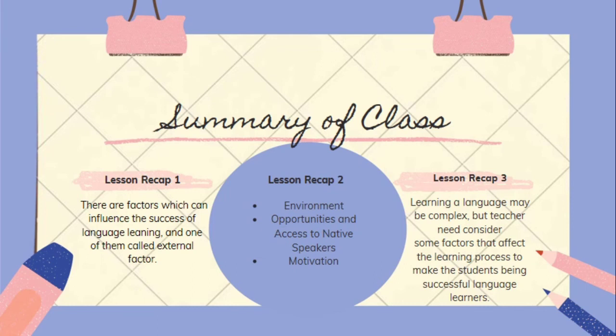These external factors include environment, opportunities and access to native speakers, and also motivation. Learning a language may be complex, but teachers need to consider some factors that can affect the learning process to help students become successful language learners.